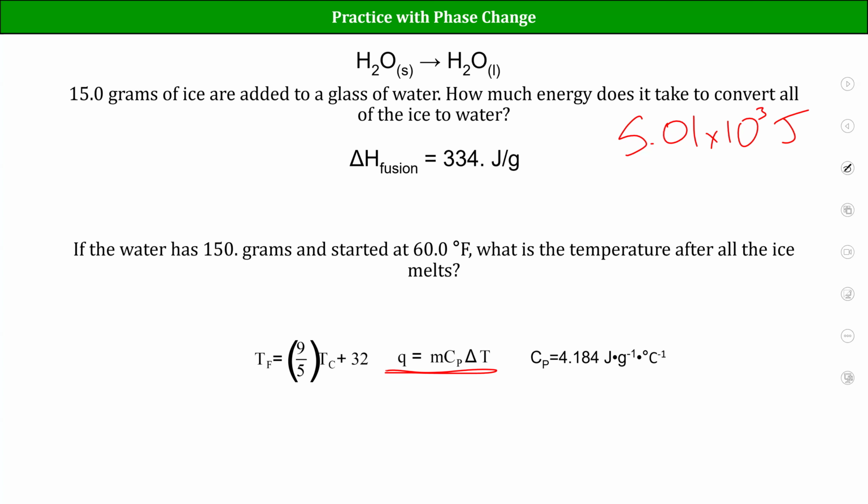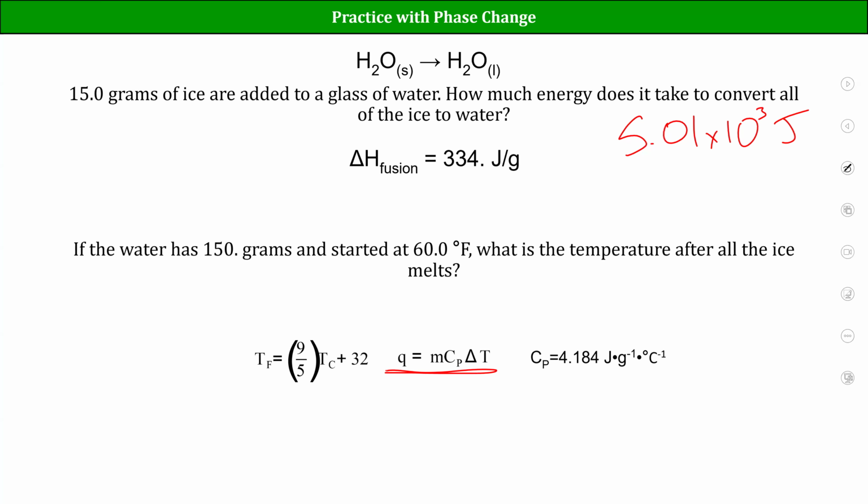What's changing the temperature of the water? The ice melting. It takes 5,000 joules to melt all the ice, right? That energy had to come from somewhere. It came from the warm water.